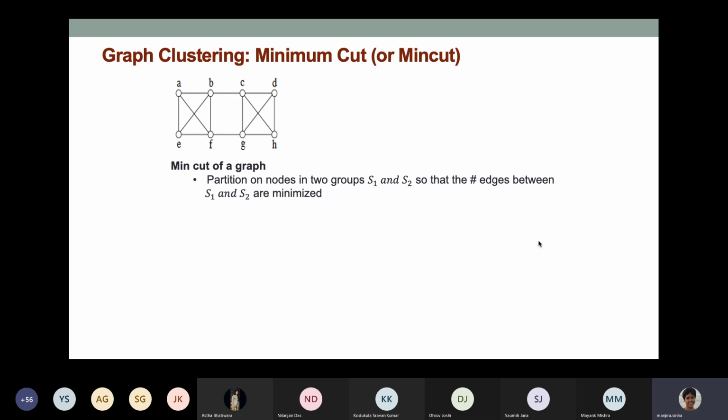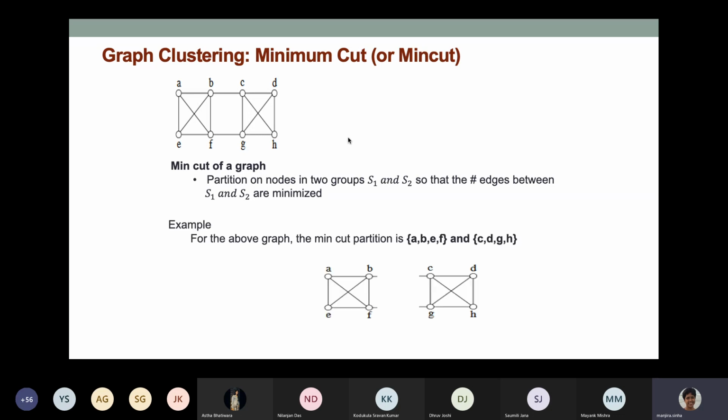Basically, we will try to partition the nodes into two groups S1 and S2, so that the edges between S1 and S2 are minimized. So we will try to identify two subgraphs S1 and S2, containing some nodes each, so that the edges between these two will be minimized.